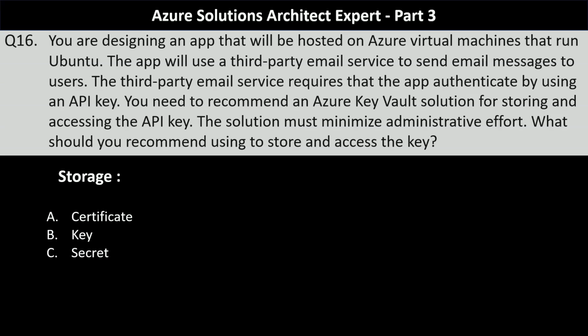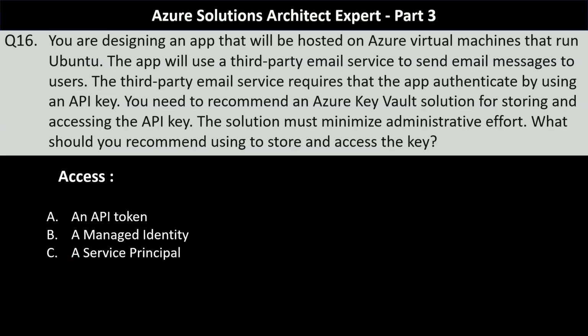Now for storage, you have three options, basically certificate, key, and secret. Folks, API keys are typically stored as secrets in Azure Key Vault. The Azure Key Vault can store and manage secrets like API keys, passwords, or database connection strings. Now the next part of the question is access.